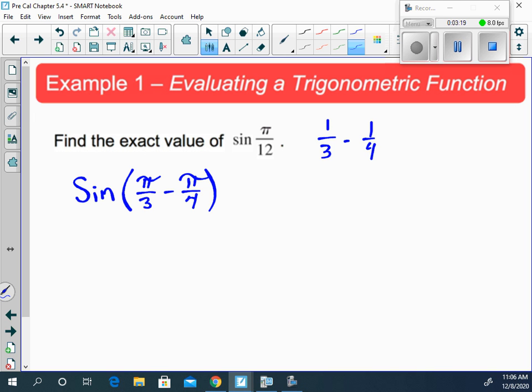Well, I can't actually subtract this; I'd have to change it to twelfths, so this would be 4/12 minus 3/12, which gives us 1/12. Or if we dealt with pi, it would be pi over 12.